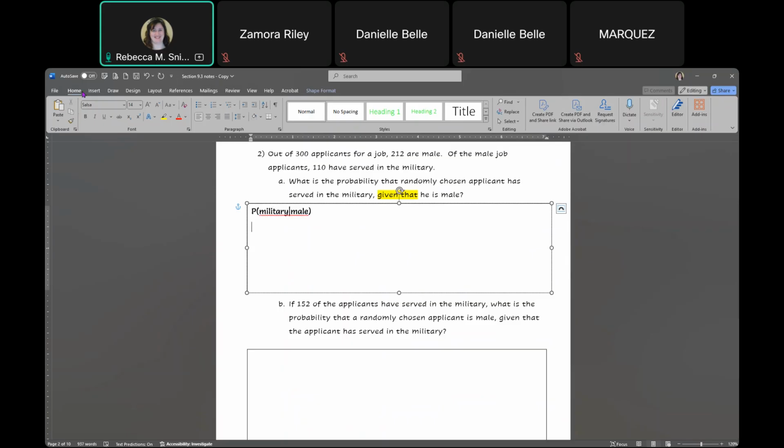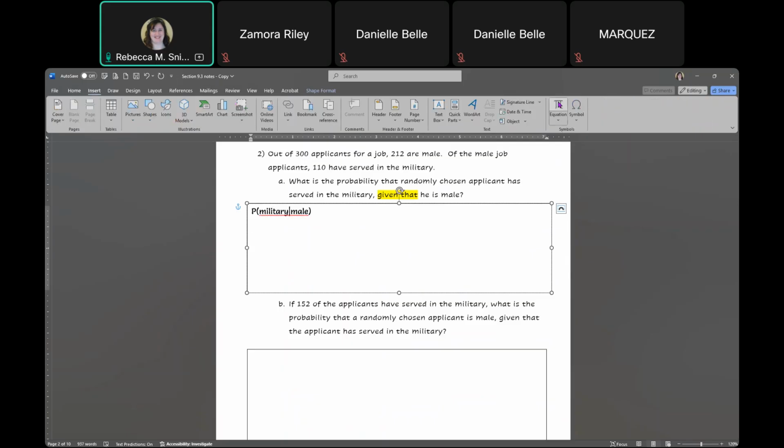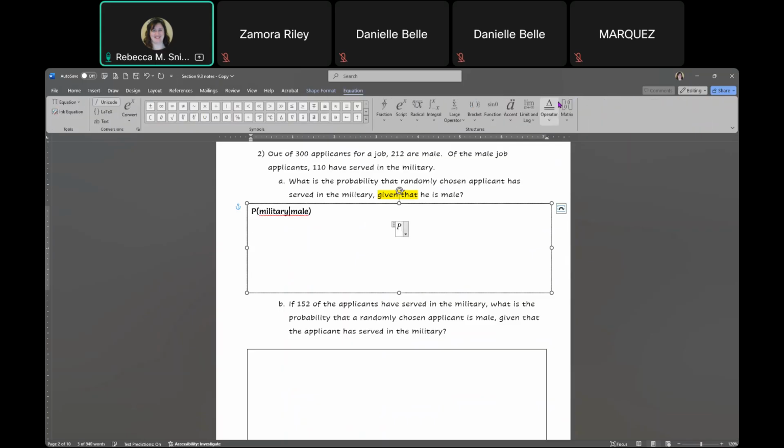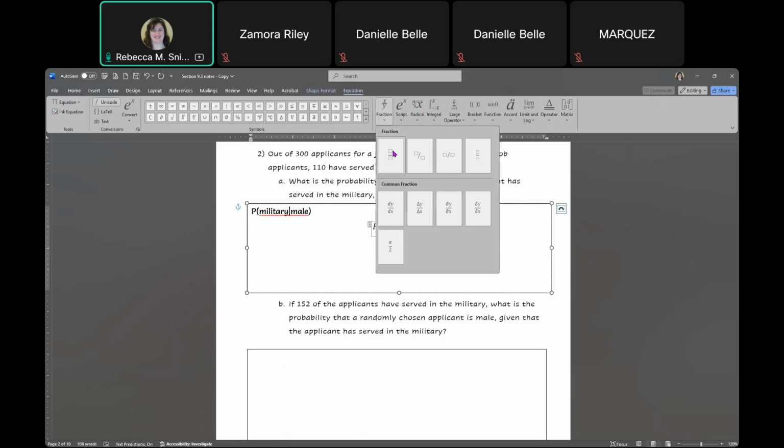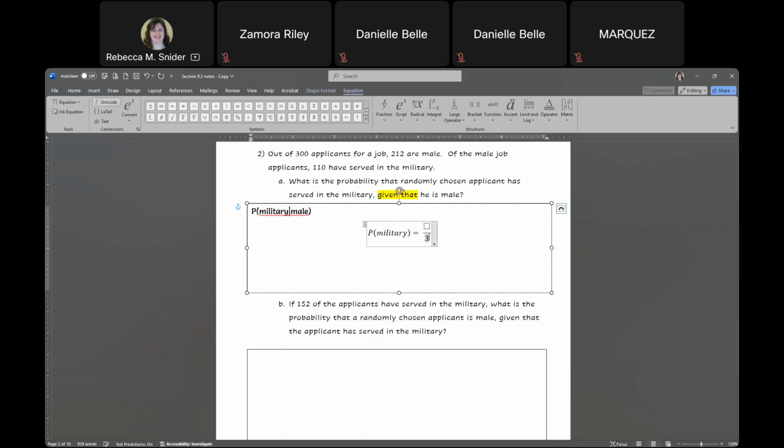So the first thing that we have to have is the probability that we were military. And that is found again by creating your fraction where your total goes to the bottom, and this total is 300 because I had 300 applicants.